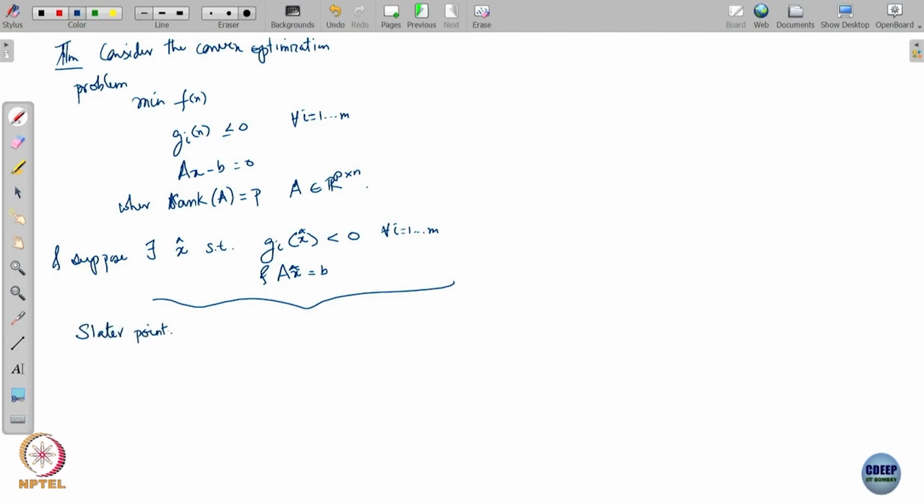So, consider the convex optimization problem, and suppose there exists an x hat such that g_i of x hat is strictly less than 0 for all i from 1 to m and A x hat is equal to b. This is what is called a Slater point, and this condition is called the Slater condition.